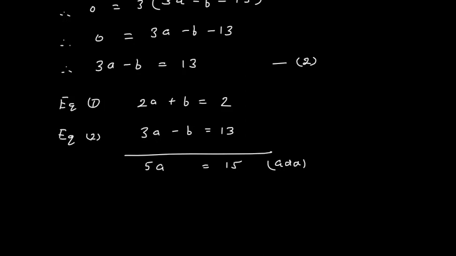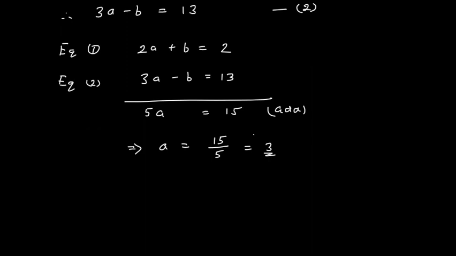Now I can put a equal to 3 in equation 1. So therefore it is 2 into 3 plus b equal to 2. So 2 into 3 is 6, plus b is equal to 2.